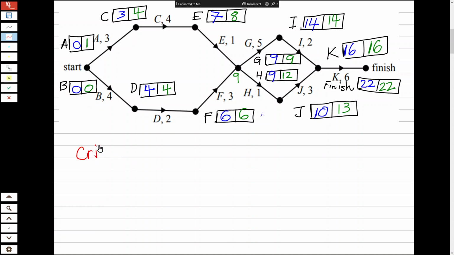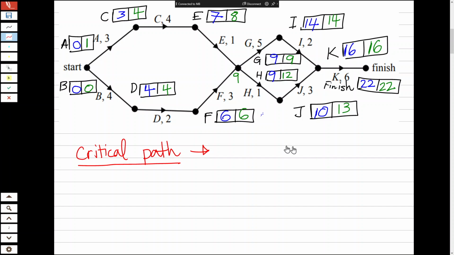Okay, I'm going to introduce a new term. You all need to know this. Your full attention, please. We're not done. The critical path.